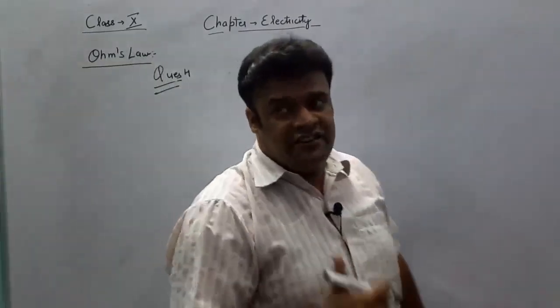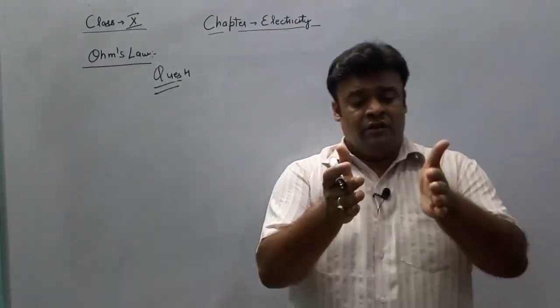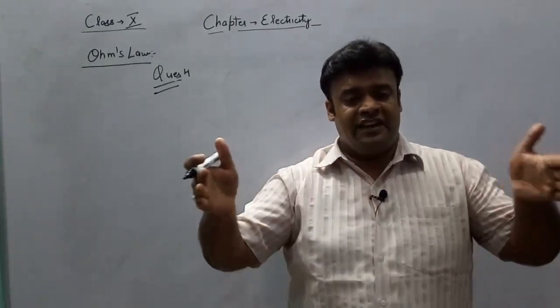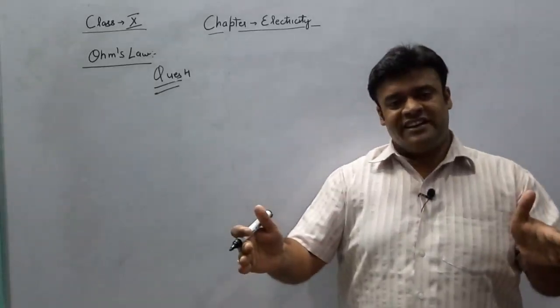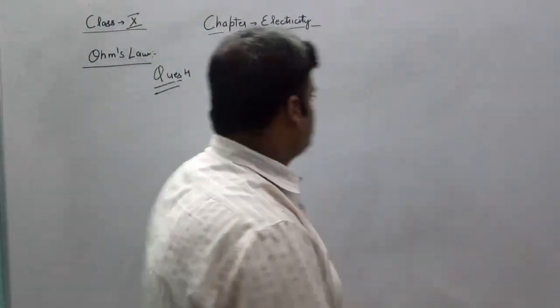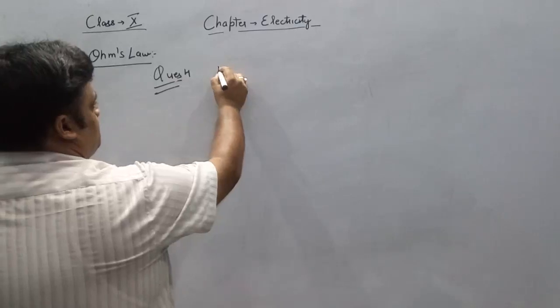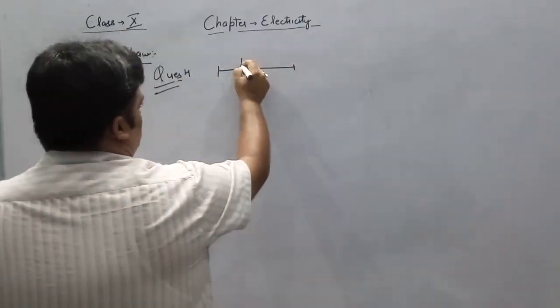Important question on resistivity. A wire of length L is given to you and resistance of that wire is 4 ohm. What is given in this question? A wire with resistance 4 ohm.